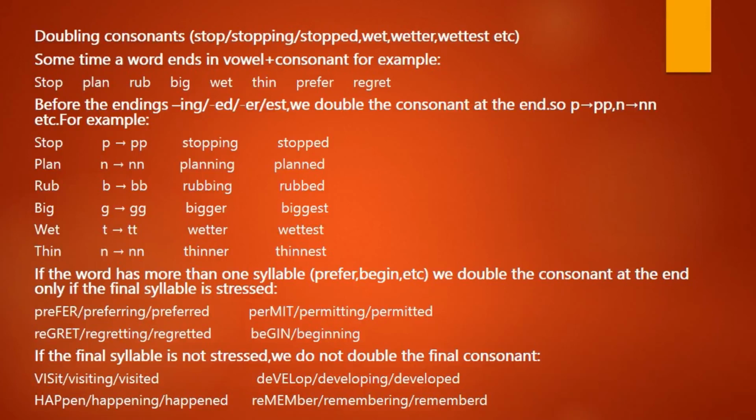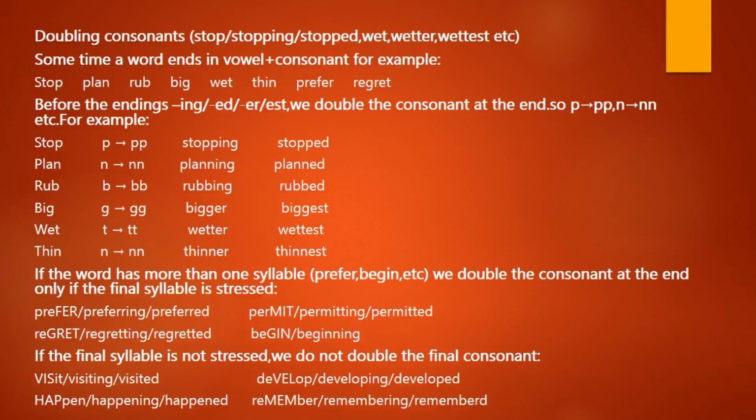Doubling consonants, like stop, stopping, stopped, wait, waiter, waitest, etc. Sometimes a word ends in vowel plus consonant. For example, stop, plan, wrap, beak, wait, thin, prefer, regret.